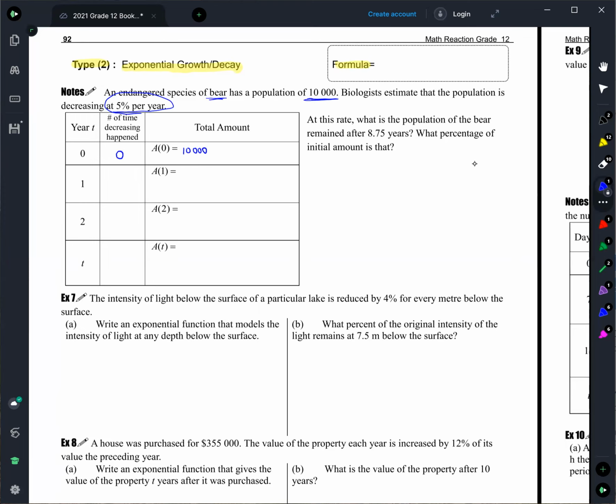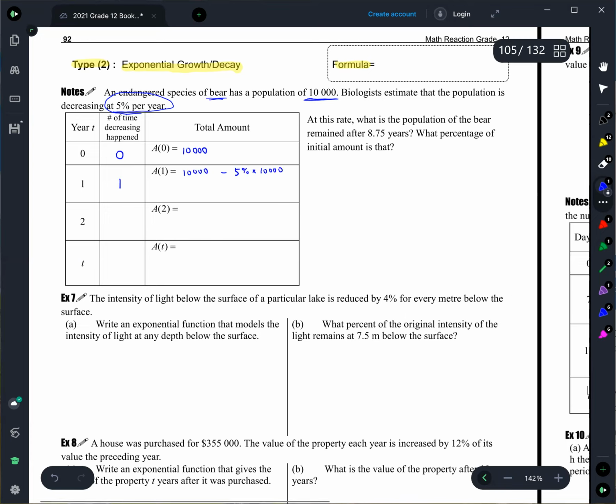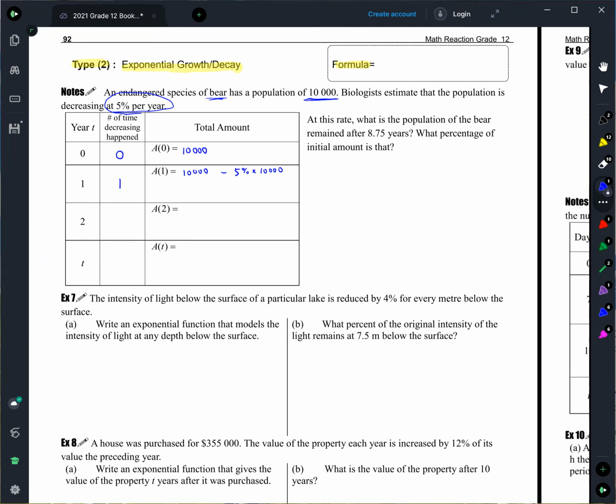After 1 year, so it decreased once, right? At the end of 1 year, it's 5% less. So it'll be 10,000 minus the 5% of 10,000. Any questions so far? We're decreasing by 5% after 1 year.